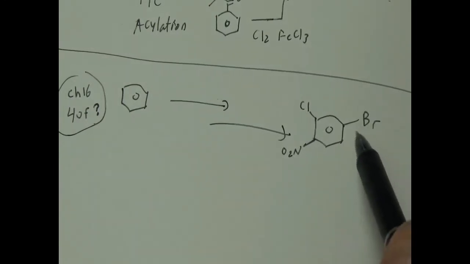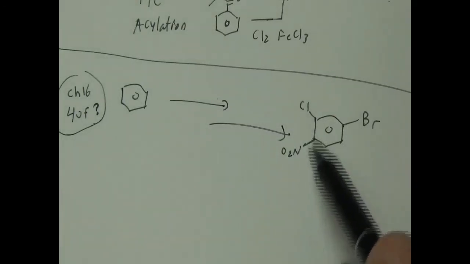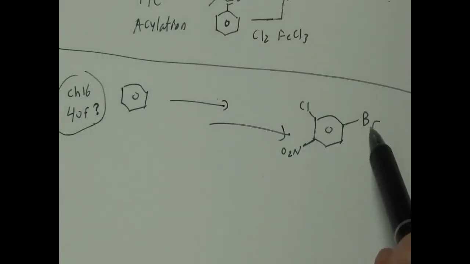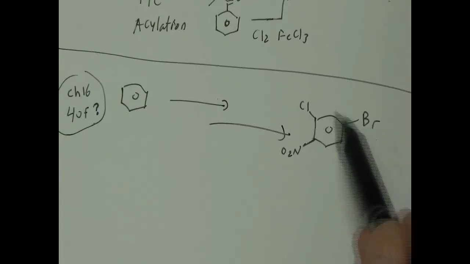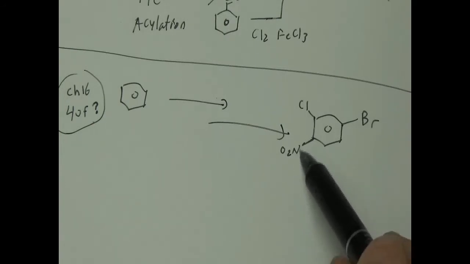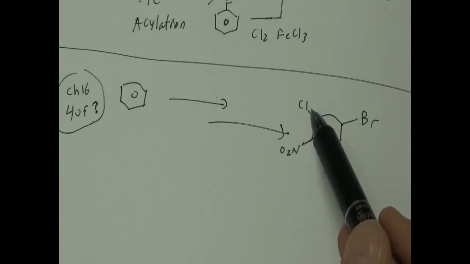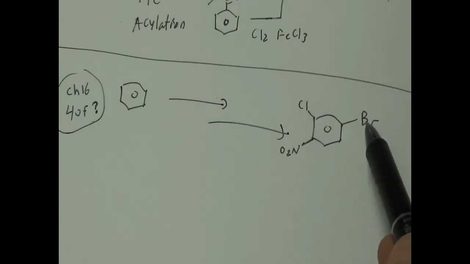So the question is, do we put on the nitrogen first, do we put the chlorine on, or the bromine on? What's the directing behavior? Nitro happens to be a meta director. These are not meta. Chlorine is an ortho-para director, bromine is an ortho-para director.